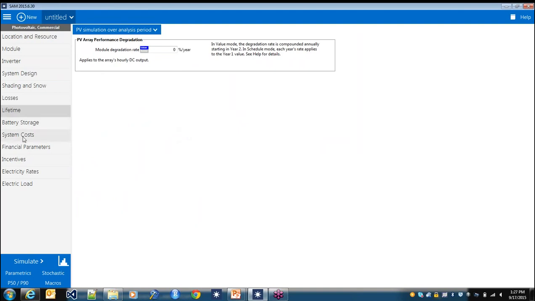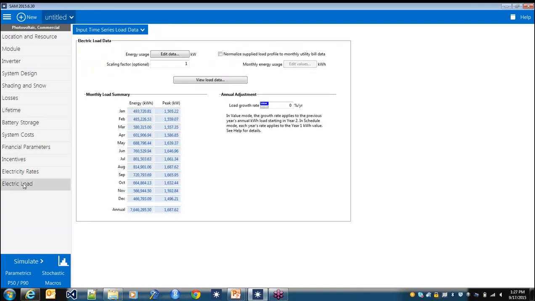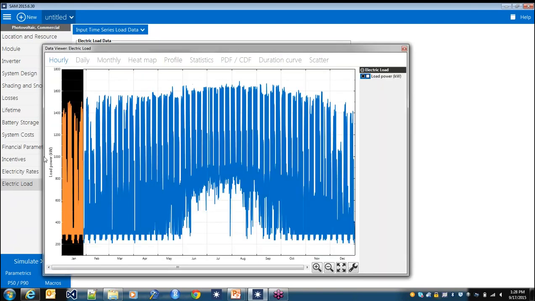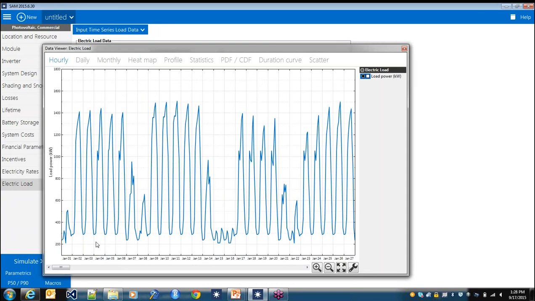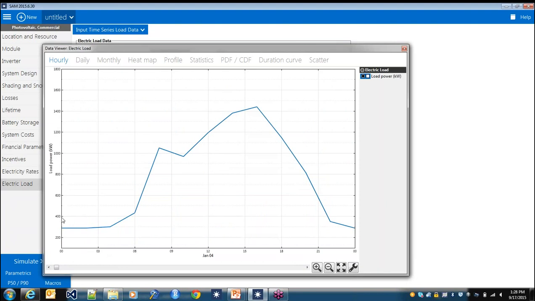Before we get into the battery storage page, let's take a look at the electric load. SAM provides a default load profile. This particular profile looks pretty standard, has low power usage in the morning, ramping up as people get to work, peaks in the middle of the day into the late afternoon, and then drops off in the evening.